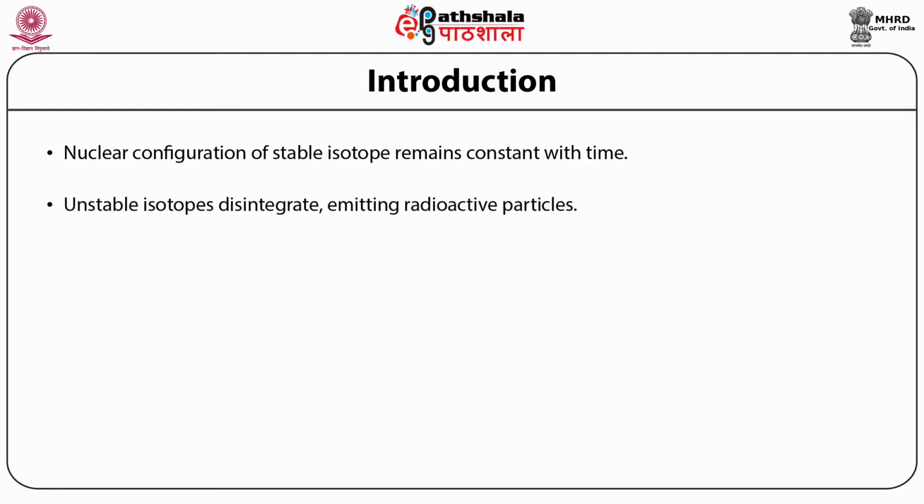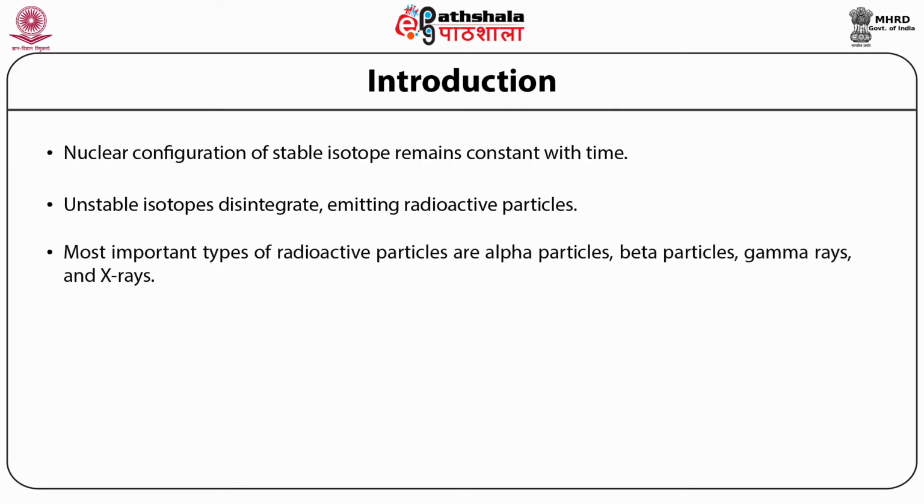Unstable isotopes, however, spontaneously disintegrate, emitting radioactive particles as they transform into a more stable form. The most important types of radioactive particles are alpha particles, beta particles, gamma rays, and X-rays.